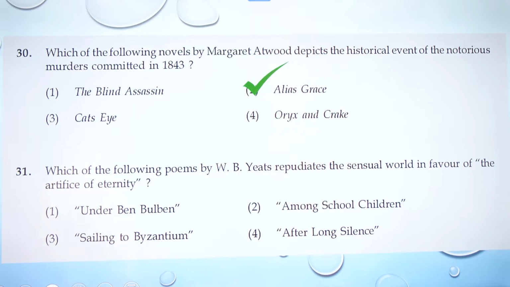Which of the following poems by W.B. Yeats repudiates the sensual world in favor of the artifice of eternity? Number 1, Under Ben Bulben, number 2, Among School Children, number 3, Sailing to Byzantium, and number 4, After Long Silence. And the correct option is number 3, Sailing to Byzantium.